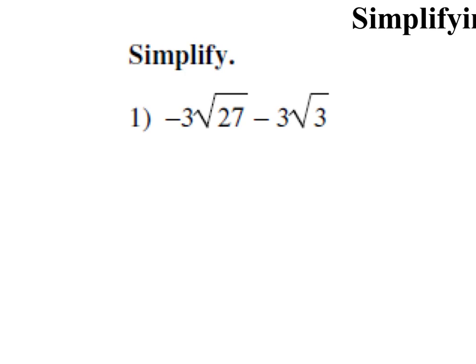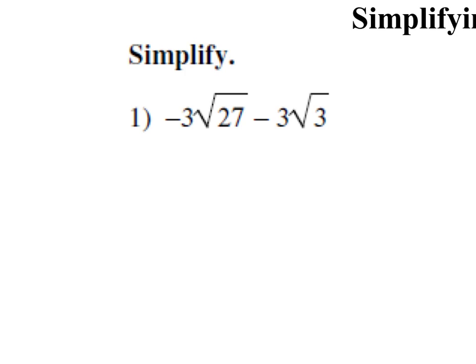So first of all, we're looking at some radical expressions, and we're supposed to combine them by subtracting. Well, first of all, as you can see here, this radical expression right here and this radical expression right here do not match. So we have to make sure that they are a common radical before we can combine them. So I'm going to simplify this radical.